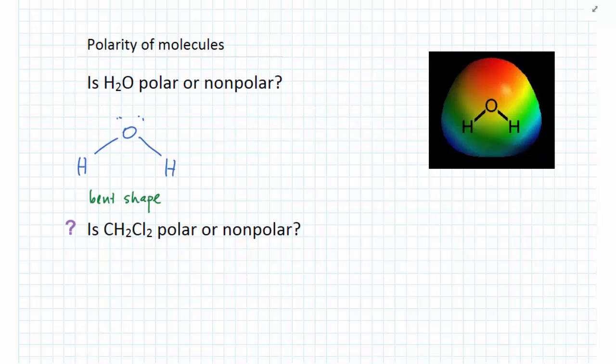All right. So we'll have arrows here, but they'll be pointed towards what? They'll be pointed towards O. That makes O partial negative, H partial positive.